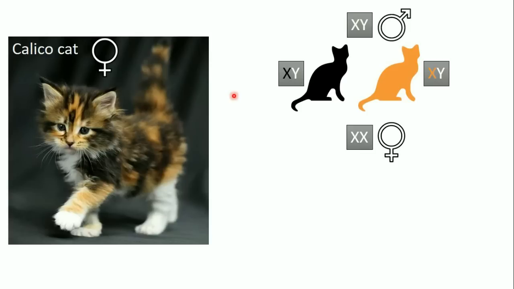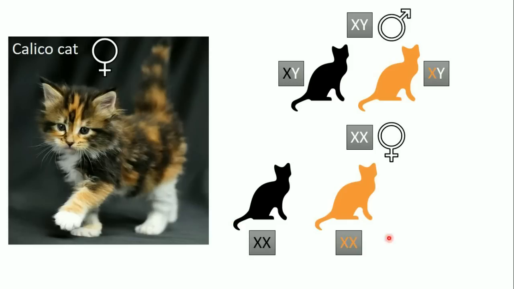But in case of female, we have 3 choices. Either both of them will be black and then the cat will be totally black, or both of them will be orange and then the cat will be orange, or one orange and one black, and then the cat will be like this. Why? Because when the fur is orange, then the black X chromosome is inactivated.